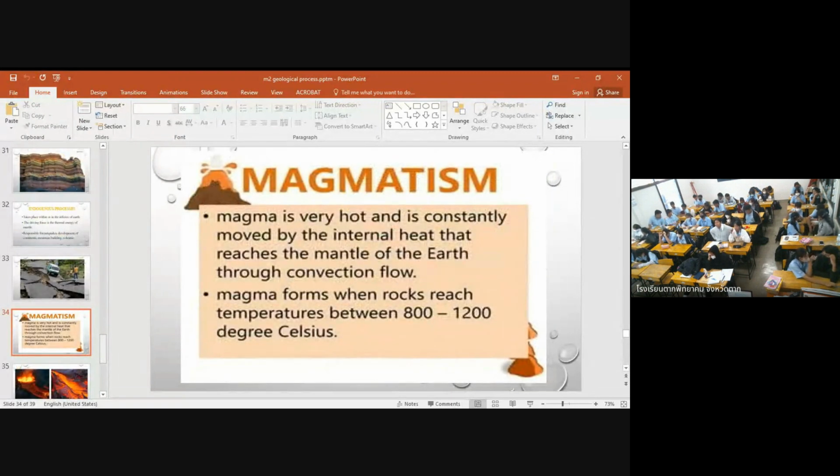Okay, magmatism. When you hear magmatism, what comes first in your mind? When you hear magma, volcano. Okay. So magma is very hot and constantly moved by the internal heat that reaches the mantle of the earth through convection flow.